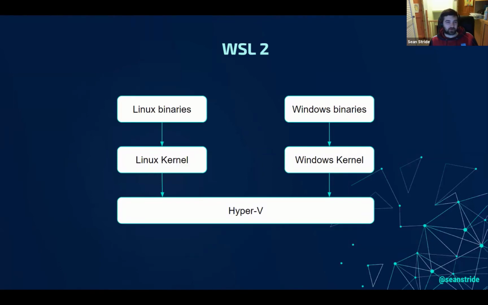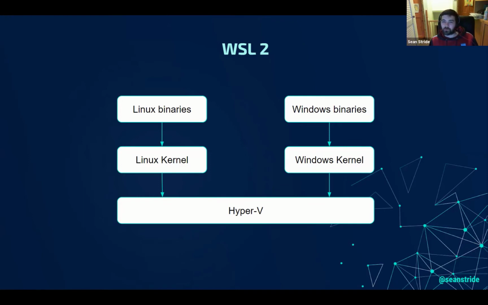And again, this is very similar to the one before, except now you've got the virtualization at the bottom, and you've got the calls passing through into the kernels from the respective binaries. So your performance should be a lot better.